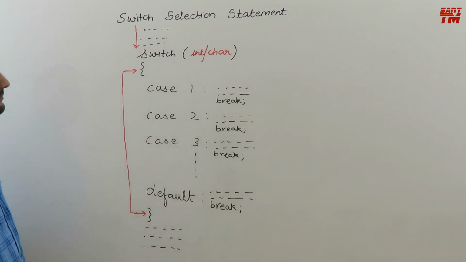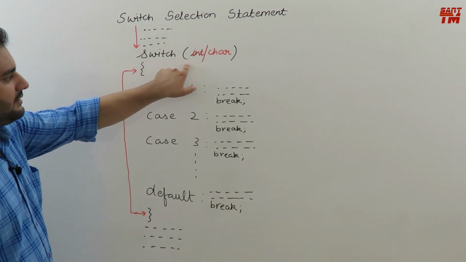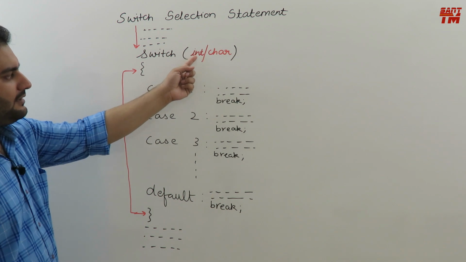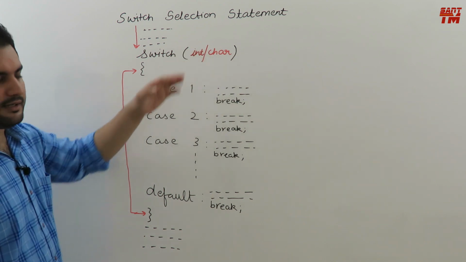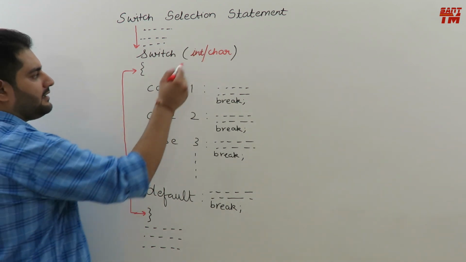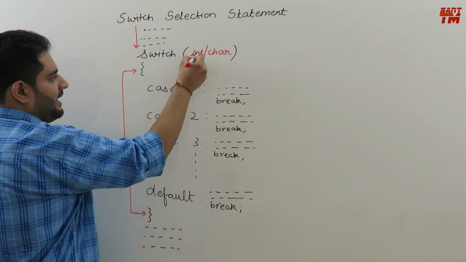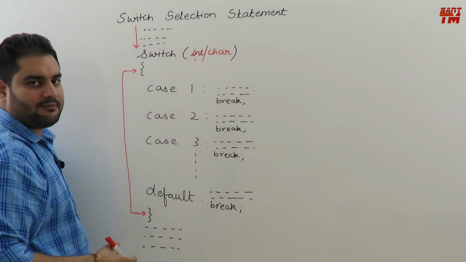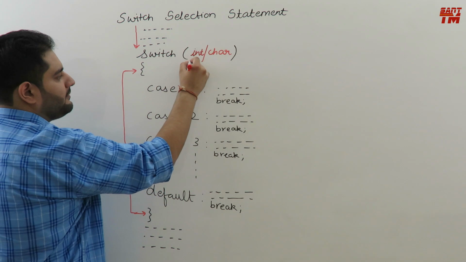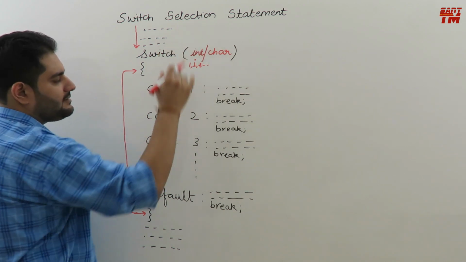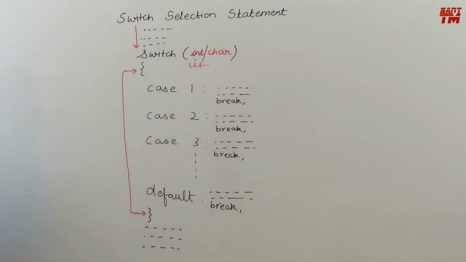Then what will happen? The switch in this parenthesis will have either an integer value or a character value. If it has an integer value, then that integer will have some value. For example, the integer can be 1, 2, 3 or any integer, 17, 18, -1, -2, any integer can be there.